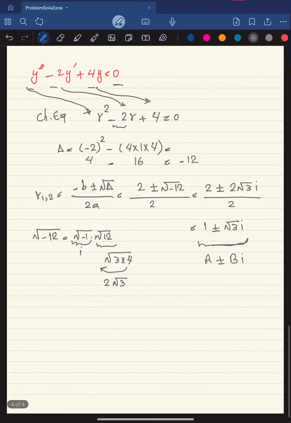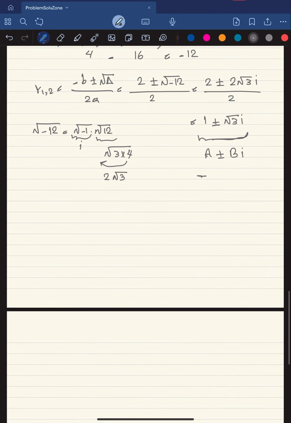And when it's like this, the general solution for this kind of differential equation we write like this: e to the at cosine bt plus c2 e to the at sine bt.